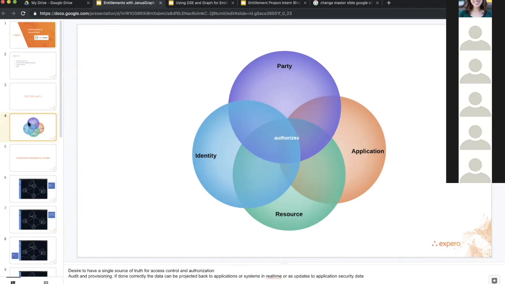So the idea here is to pull it all into a single graph, get a single source of truth, and use that single source of truth for audit and for automated provisioning. So instead of taking weeks or months to onboard a new person, you can provision them instantaneously, because you have the rules defined at a meta level that then can be projected into the target systems.